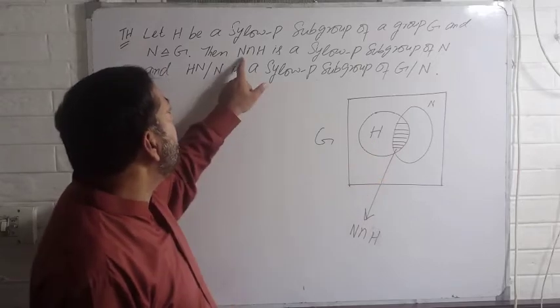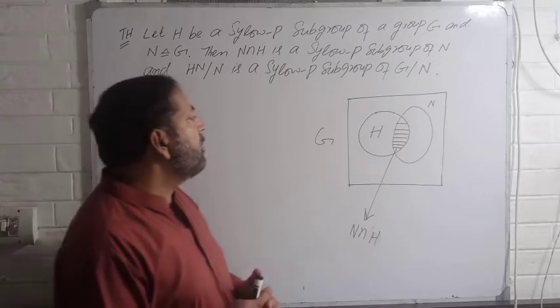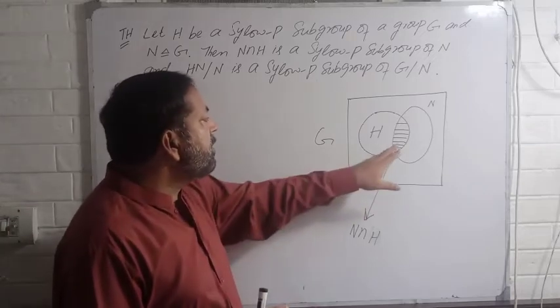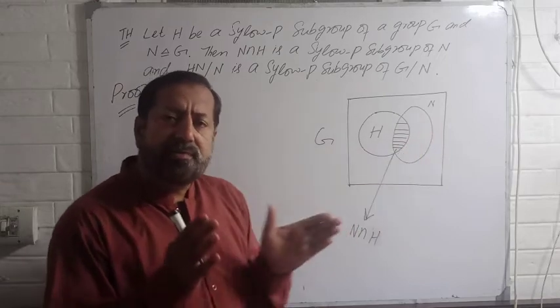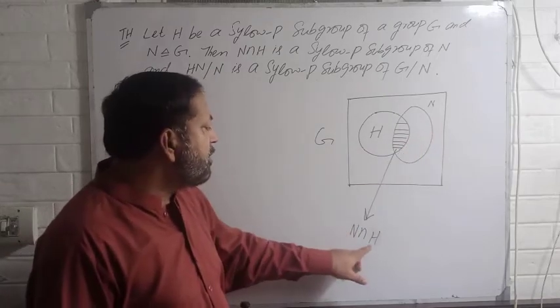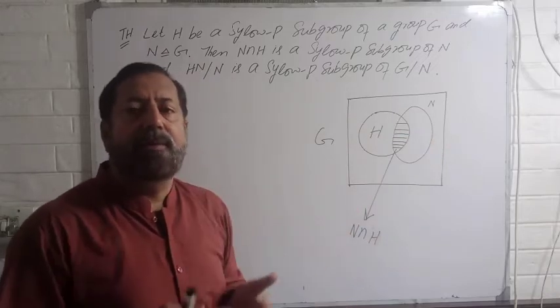Yes, N intersection H is a p subgroup, and since it is a subgroup of capital N as well, it is very much clear that N intersection H is a p subgroup of capital N as well, right?